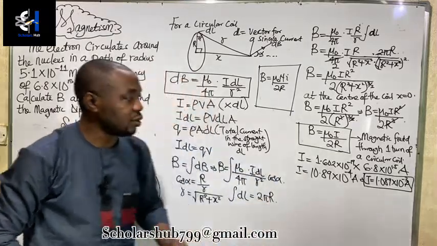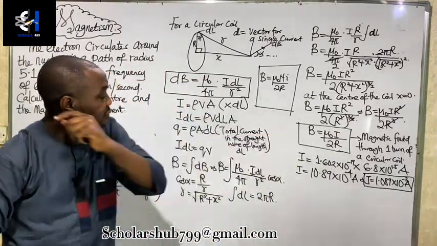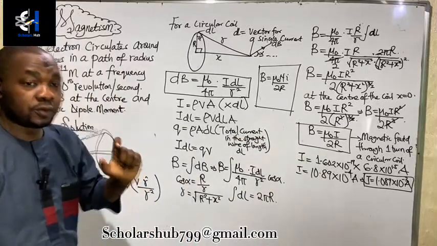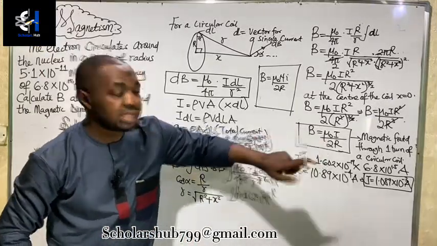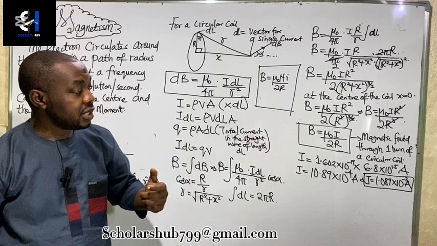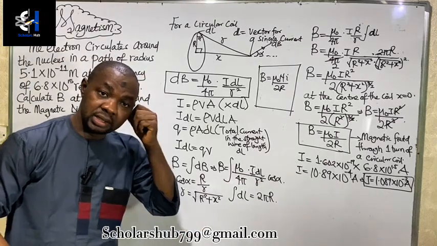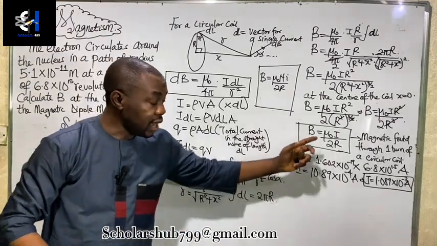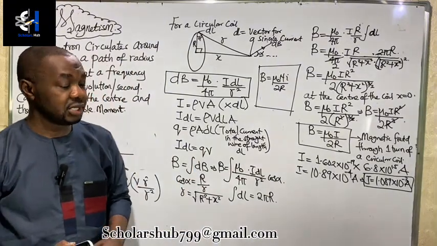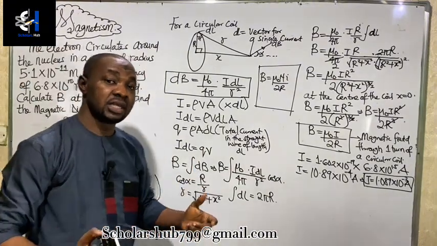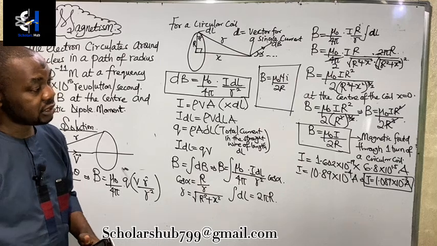So now we know the value for I, we're going to plug it into this equation. Now don't forget that permeability of free space is a constant, and its magnitude is 4 pi times 10 raised to the power of -7 Tesla meter per ampere.